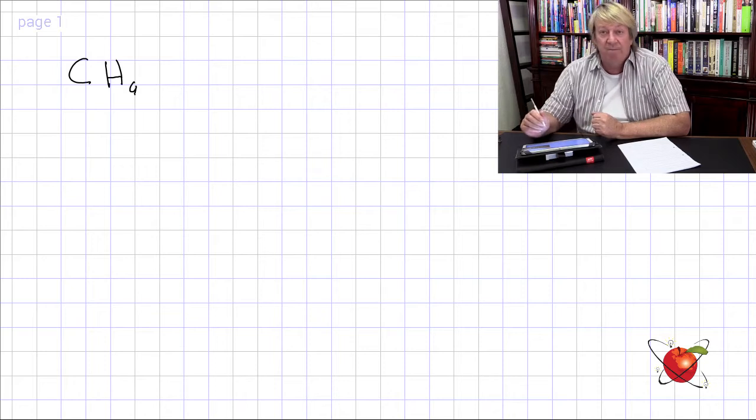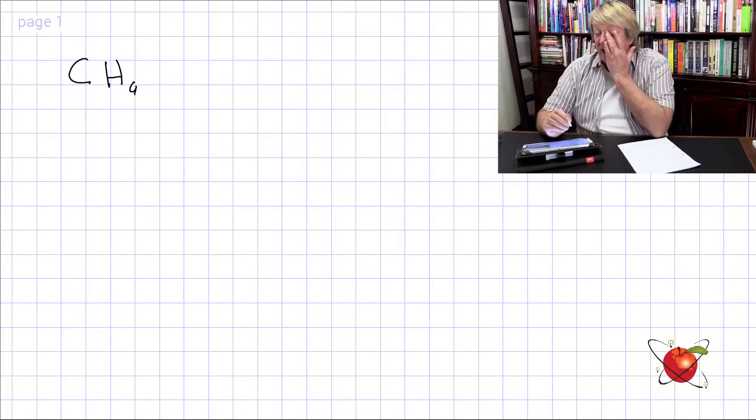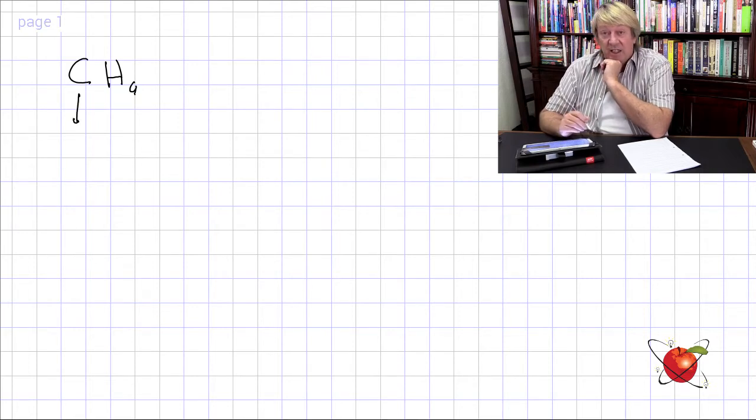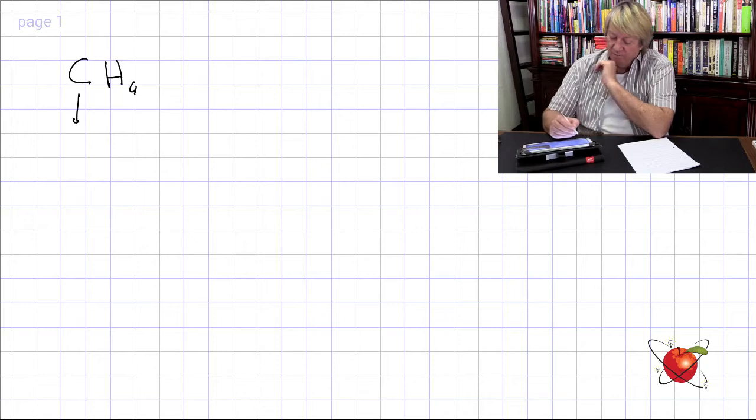CH4, good old methane. Let's just have a look at methane. What do we do? Well, carbon is more electronegative than hydrogen, isn't it? So we say, right, carbon, you become your ion. You are a nonmetal, so we are going to make you a -4.